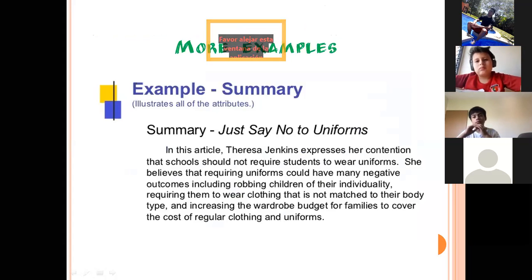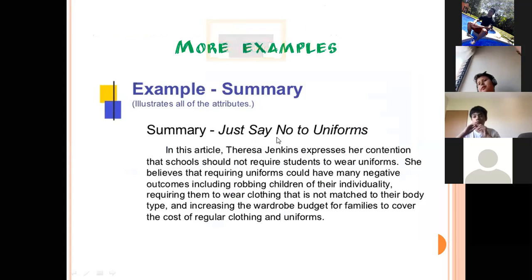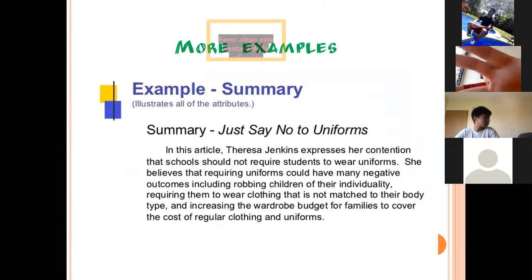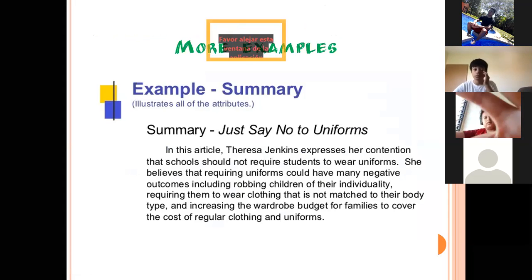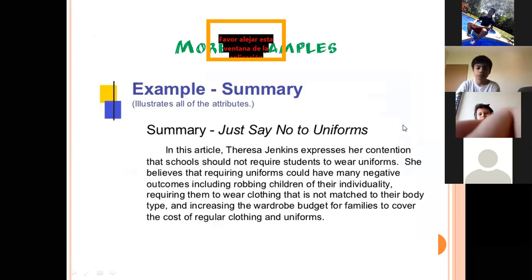More examples. Example about summary. Summary, just say no to uniforms. Imagine this. And this example says, in this article, Teresa Jenkins expresses her contention that schools should not require students to wear uniforms.